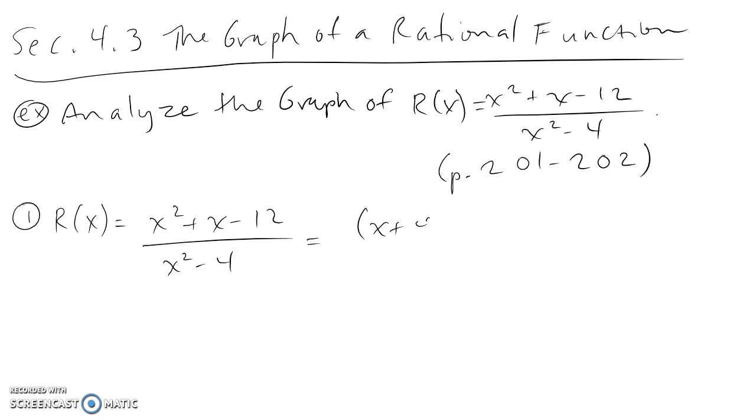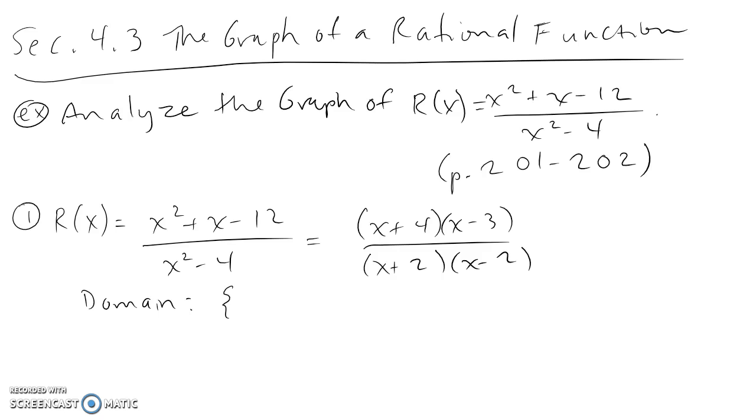So we get (x plus 4) times (x minus 3) over (x plus 2) times (x minus 2). And then we want to look for our domain. The domain of this rational function is all numbers except for 2 and negative 2. So let's say all x such that x does not equal negative 2 or 2.